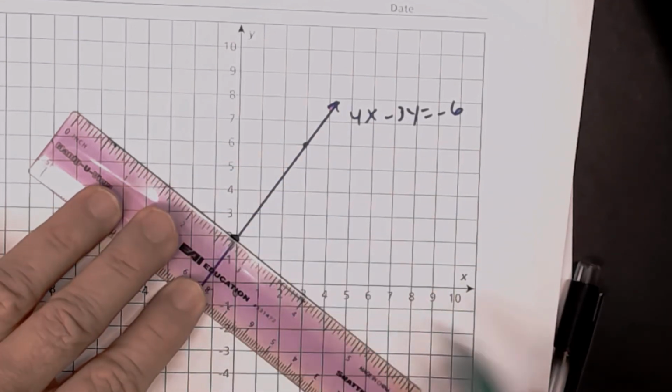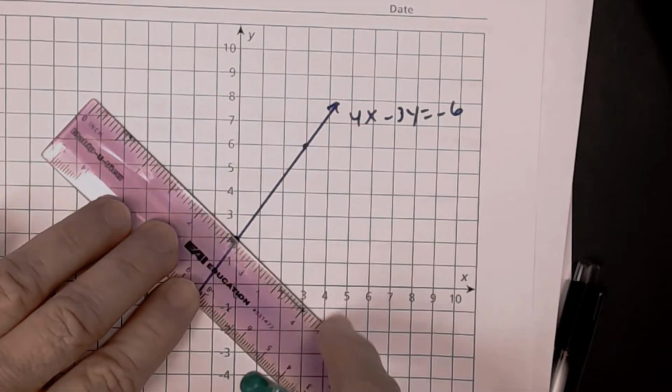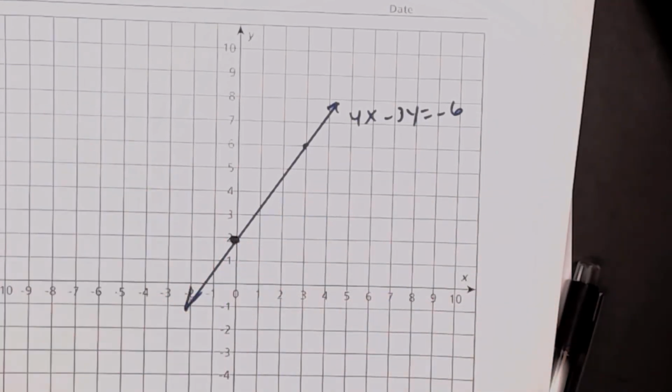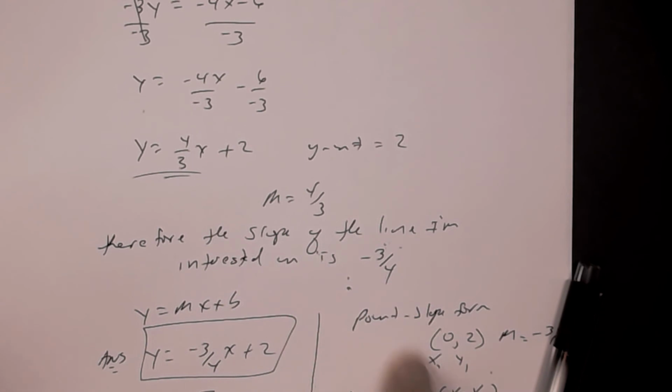So I'm interested in the equation of that line. All right? So look. You know the slope of this line here is the negative reciprocal of this one. So the slope we saw is negative 3/4.